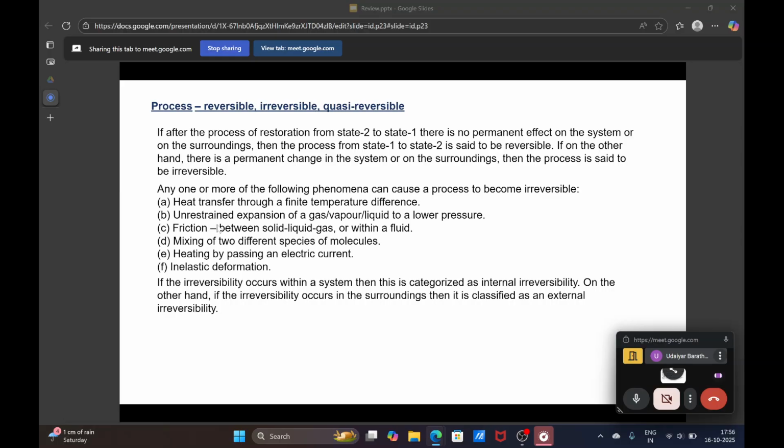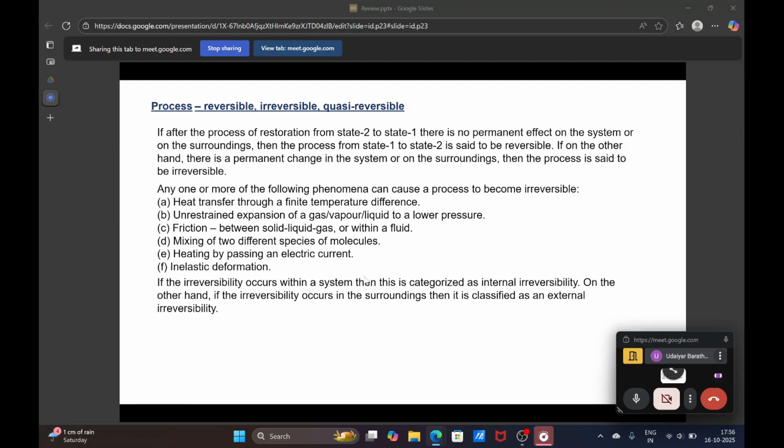Then we have unrestrained expansion, because unless you do some work, you cannot bring it back. And then friction, where you have to do some work to overcome the friction. And then mixing of two different molecules, which cannot be easily separated, so you have to do some work to separate them out. Then heating by passing an electric current, or inelastic deformation. These are all irreversible kinds of processes.